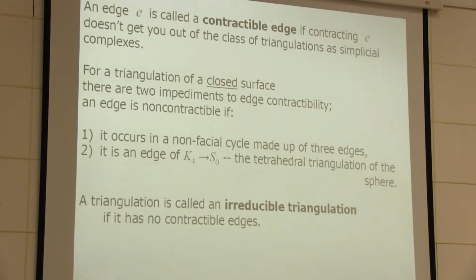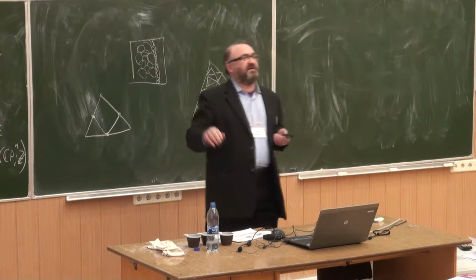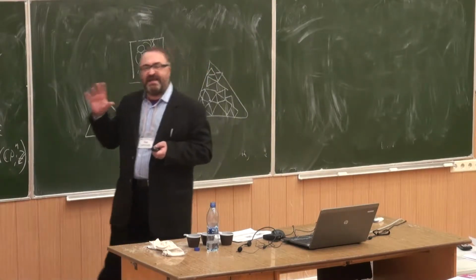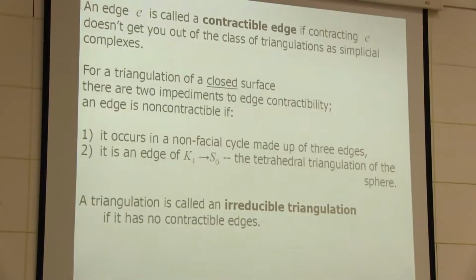Only 2 impediments, and pay attention, the second one applies specifically to the spherical case. If you have a triangulation over the torus or a higher genus surface, maybe a non-orientable closed surface, then actually only the first impediment will work. You cannot contract an edge only if it occurs in some non-facial cycle of length 3.